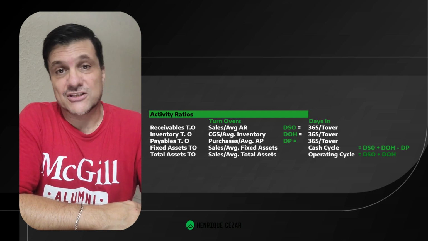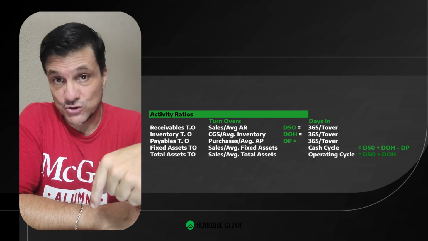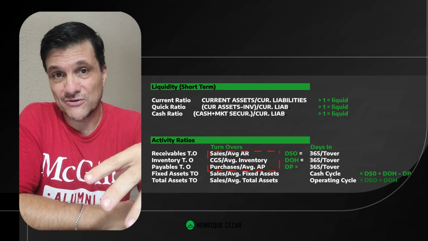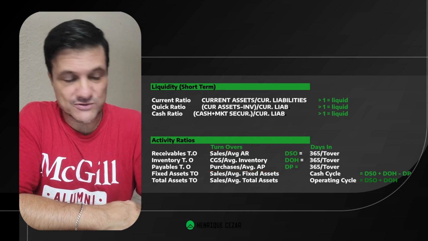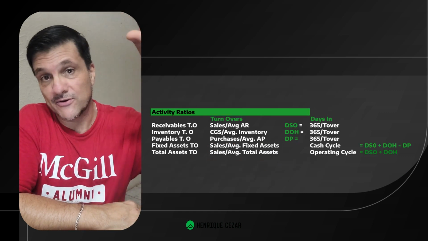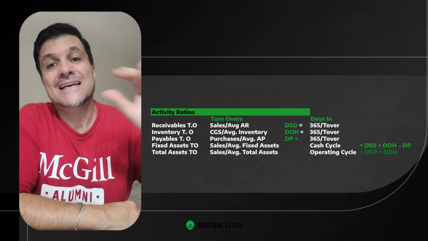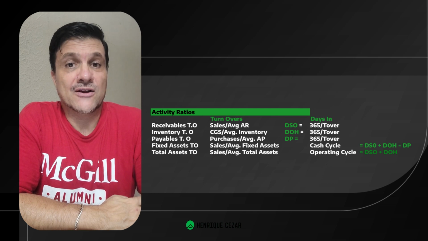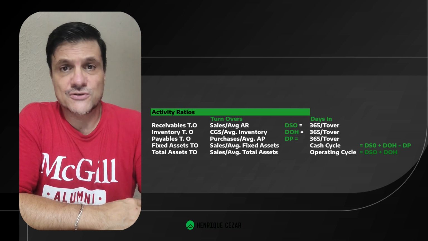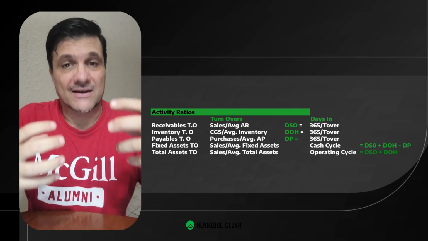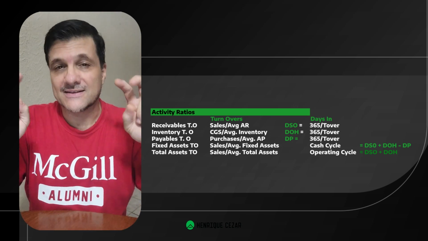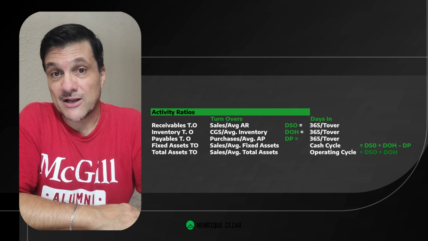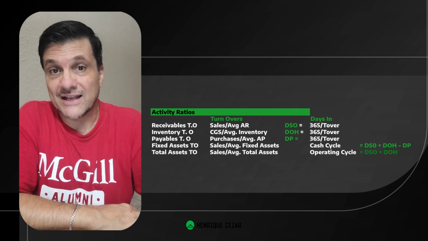So it's the average fixed assets, average total assets, average accounts receivable, average inventory, and average payables, precisely for that reason: in the numerator you have an income statement account, and in the denominator you have a balance sheet account. You need the average. So you take the beginning of the year and the end of the year, divided by 2, and you add some more dynamic. There you go. That's the explanation about the average. I hope you don't forget it anymore.